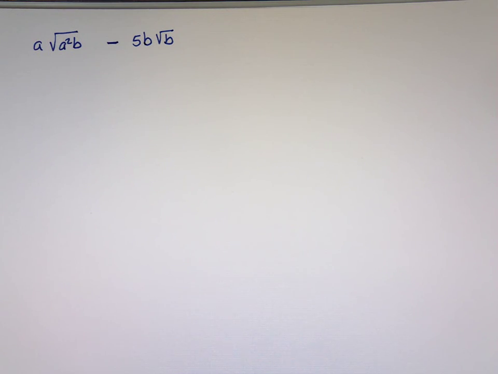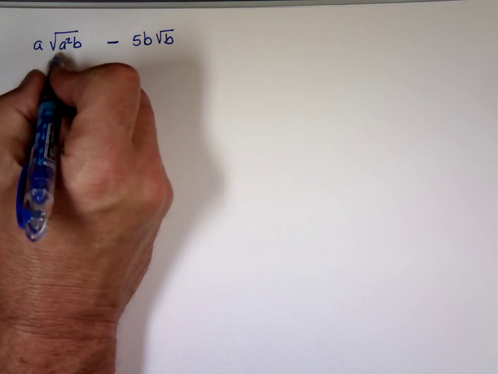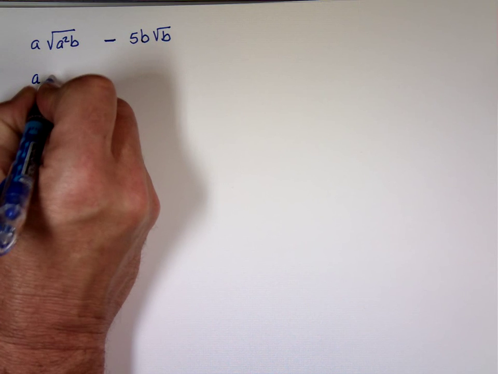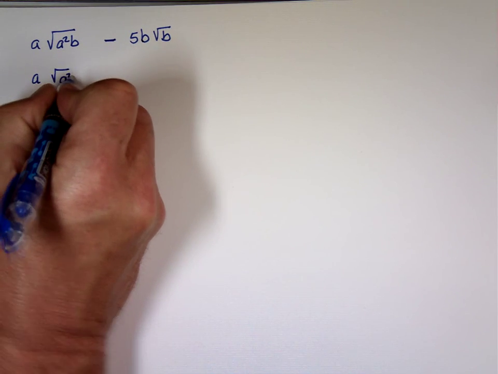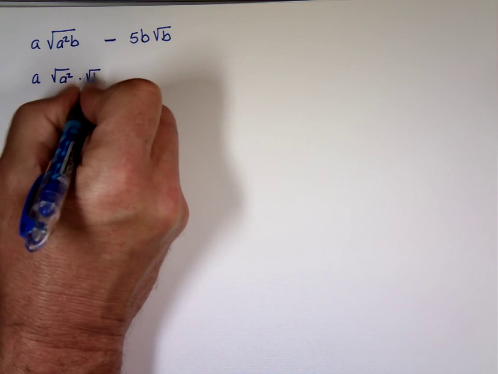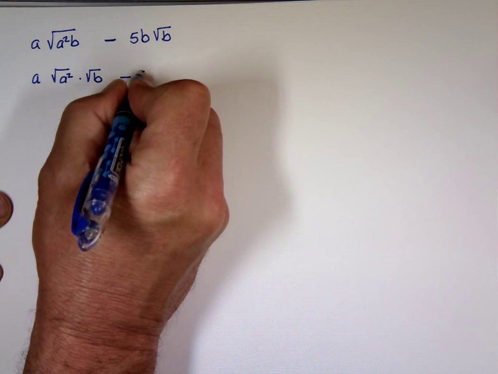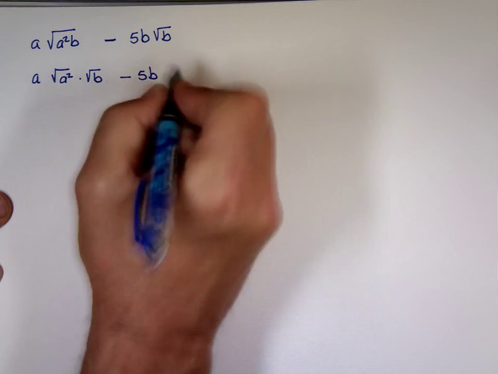That's it. Well, I can break this one, there's the a in the front, to the square root of a squared times the square root of b minus, here's the 5b, I can't touch it, and there's the square root of b.